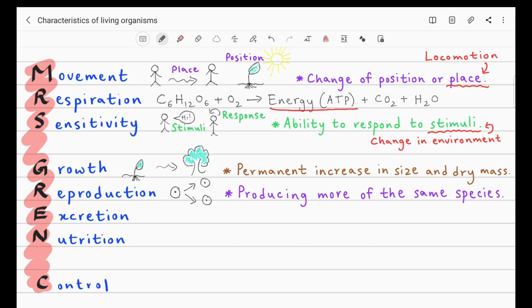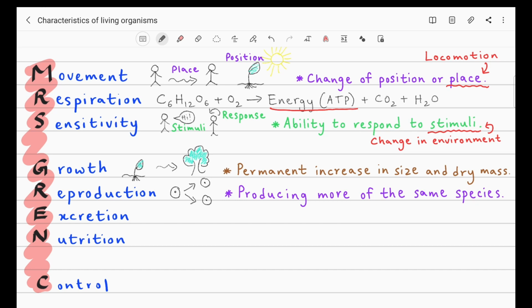So, excretory materials in animals include carbon dioxide from respiration, water from respiration, urea from the breakdown of proteins, and things like that.